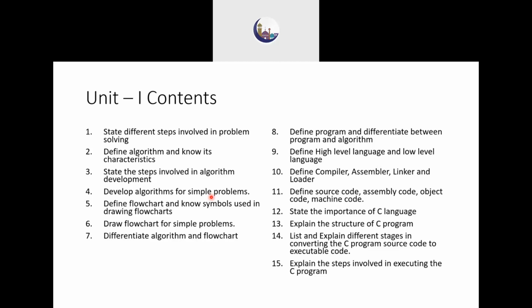That drawing format, the diagrammatic format of your algorithm, is nothing but a flowchart. So we'll learn what a flowchart is, and what the various symbols are that are used in developing a flowchart.